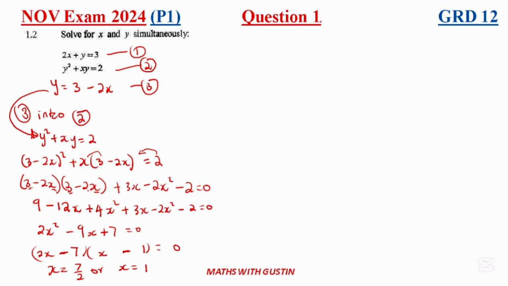Now what do we do in this case? We need to go back into equation number 3 to find the values of y that correspond with each value of x. Therefore we're going to say y is equal to 3 minus 2 into 7 over 2, or y is equal to 3 minus 2 into 1.